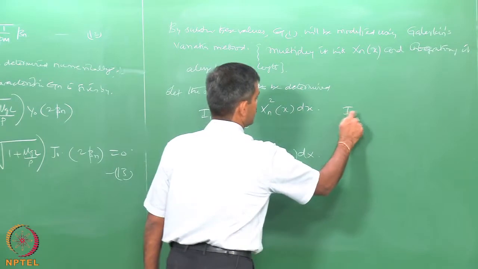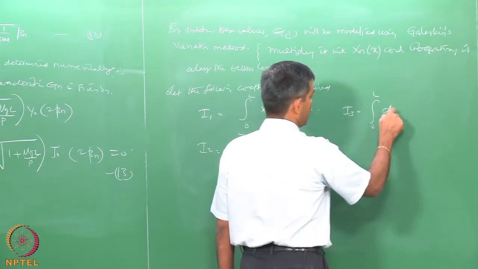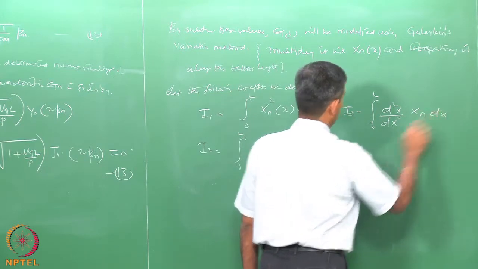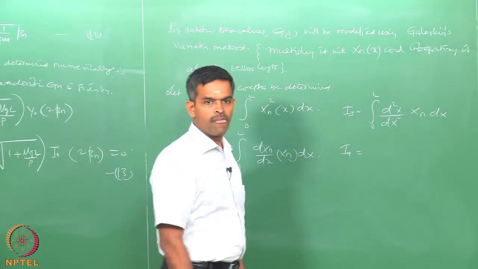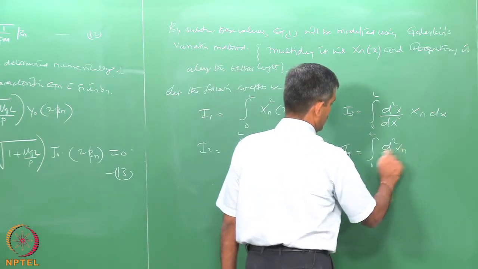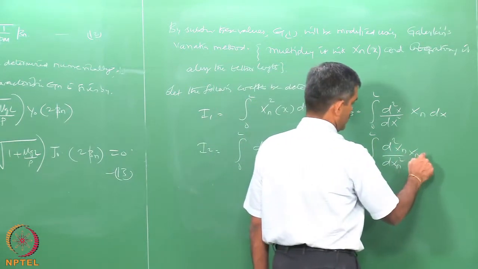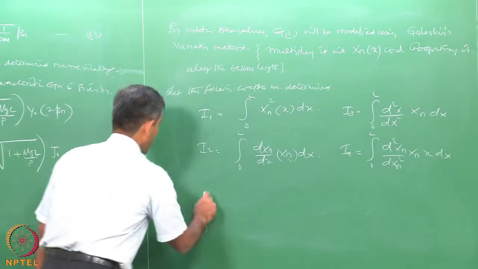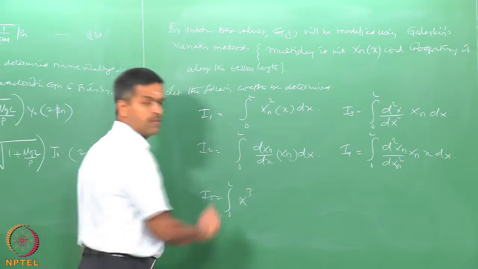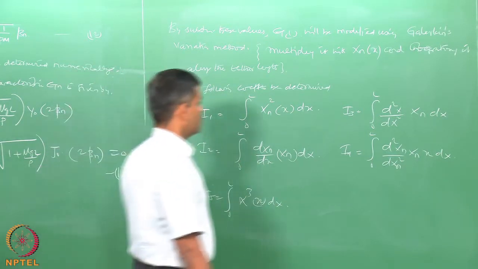Let us say I3, 0 to L d square X_n by dx square X_n dx. Let I4 be 0 to L d square X_n by dx square of X_n x dx, and let us say I5 is 0 to L x cube X_n dx. Okay. Equation 14.